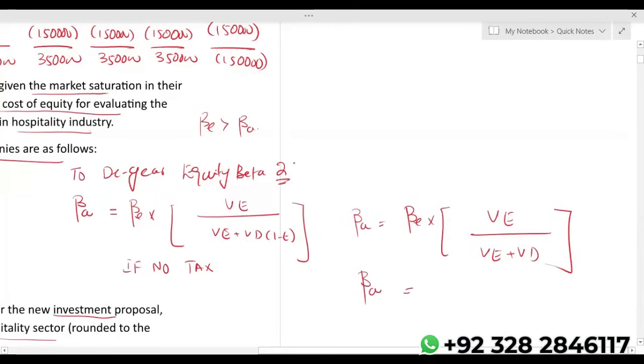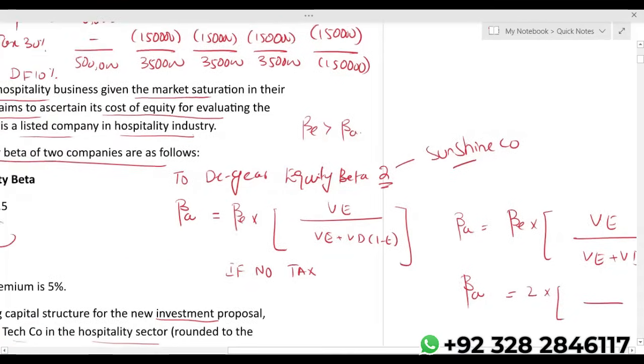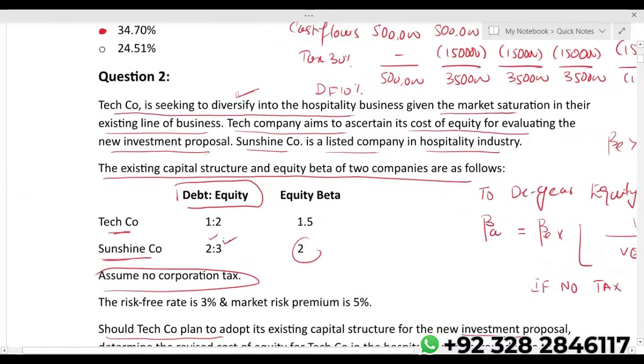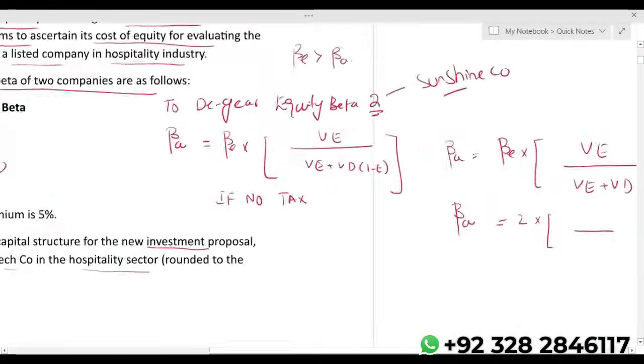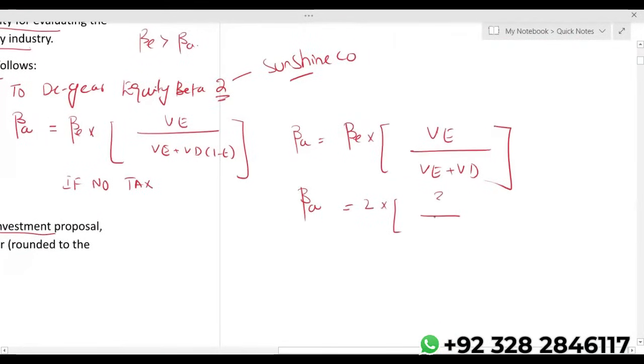Beta equity of Sunshine company is 2. Market value equity is 3. Debt is 2. Equity is 3.